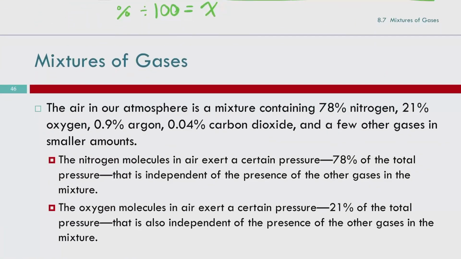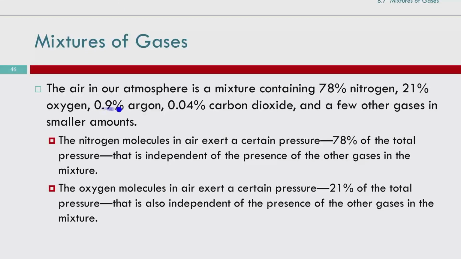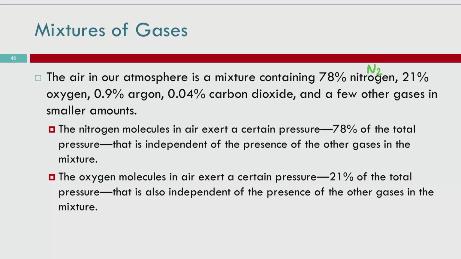So the air in our atmosphere is a mixture of gases. It's about 78% nitrogen, 21% oxygen, a little bit of argon, a smaller amount of carbon dioxide, and some other things even smaller amounts than that. The nitrogen molecules, N2, exert a certain pressure, 78% of the total pressure.